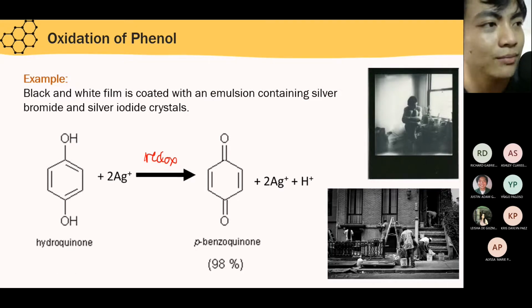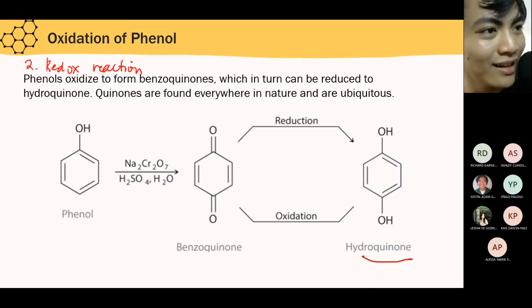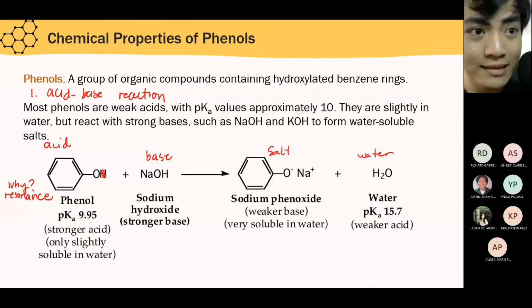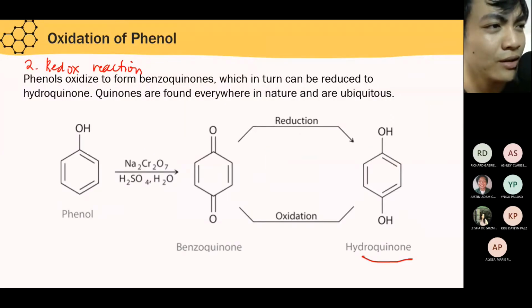So yun. That's one of the reactions of phenol. So the first one is the acid-base reaction. Acidic yung phenol because of the resonance structure. So even though you remove the hydrogen, it will still be stable, causing it to be more acidic. And then you have your reduction reaction, redox reaction.